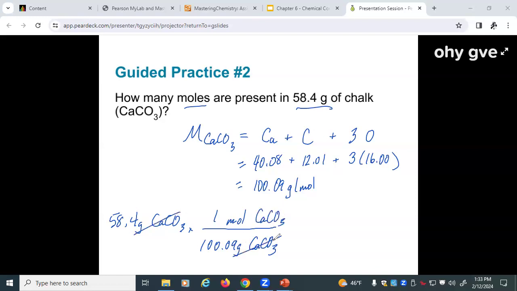My grams of calcium carbonate cancel. 58.4 divided by 100.09, to 3 significant figures, is 0.583 moles calcium carbonate.